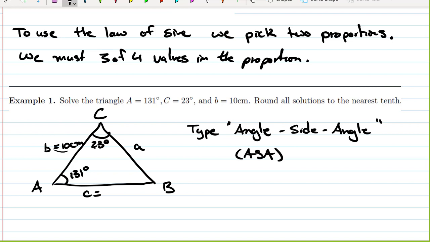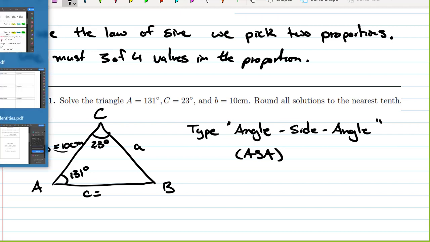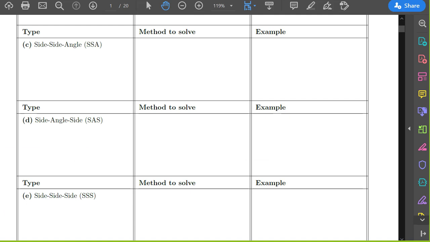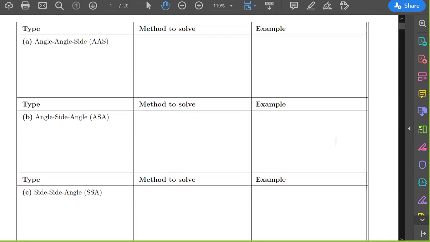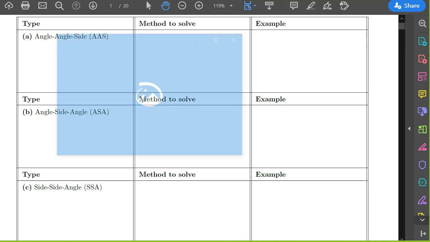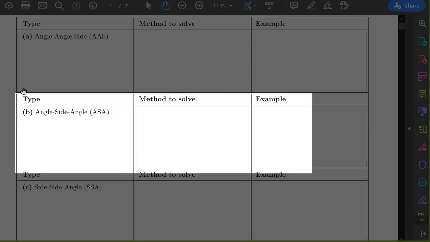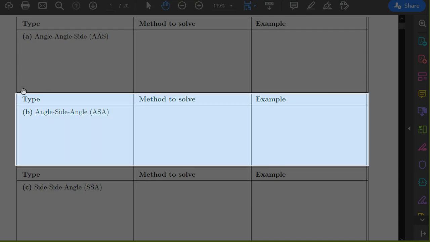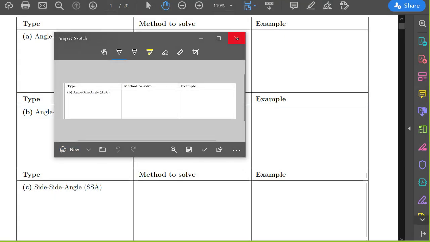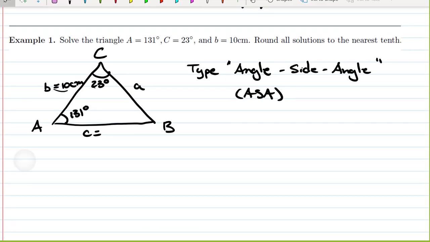So if we look on our handout then, we want to find angle, side, angle. Well, angle, side, angle, that's B right here. So you don't need to add this to your notes, but I would recommend filling these in on that sheet.